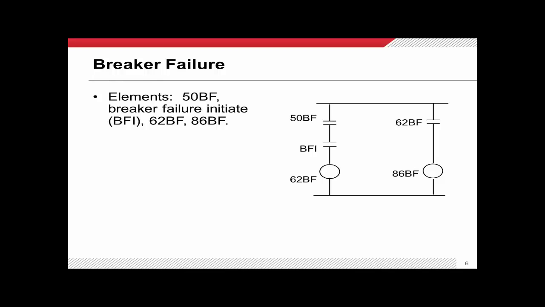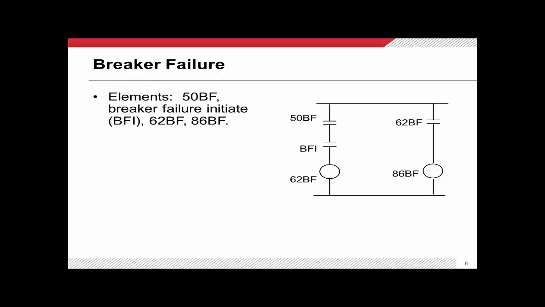Now then, the next contact down is BFI, or breaker failure initiate. Anything that will cause a protective trip for that circuit breaker, you want to take another contact from that and run it into your breaker failure scheme.